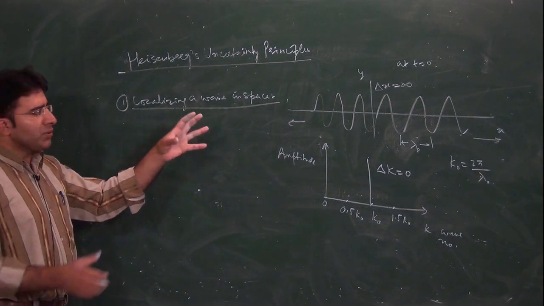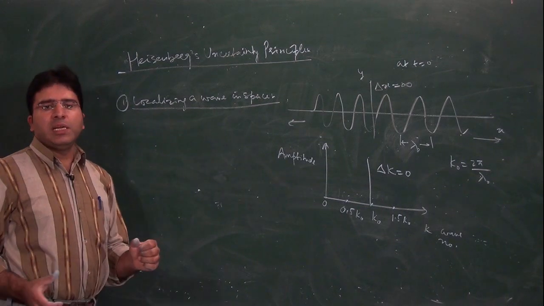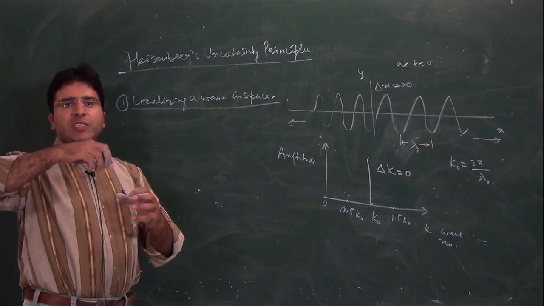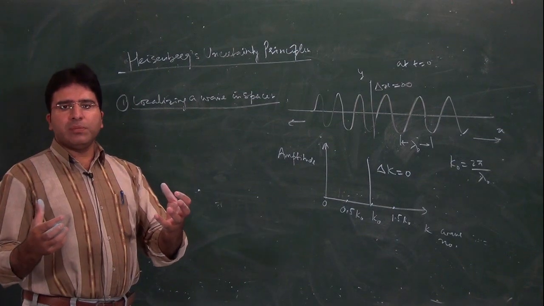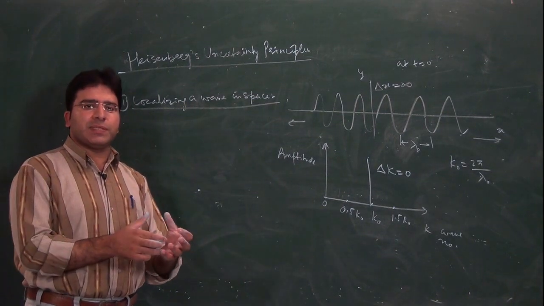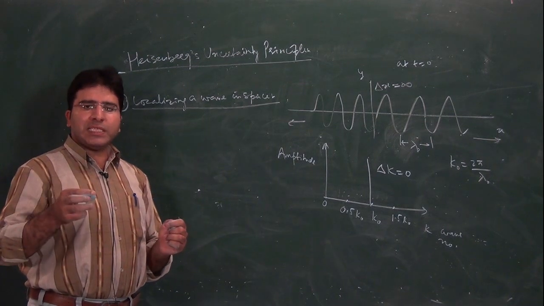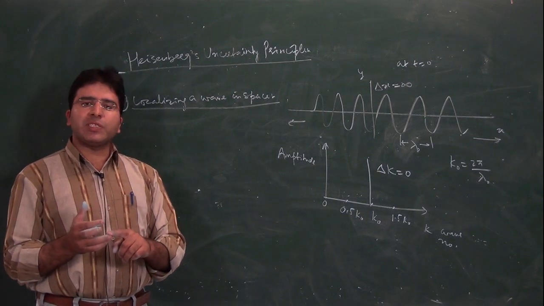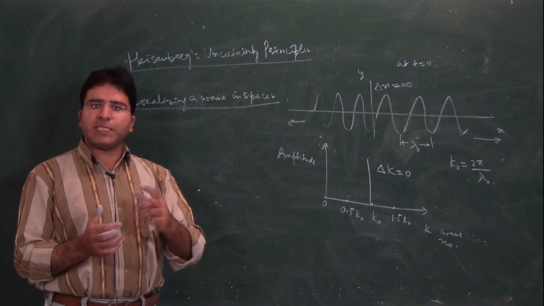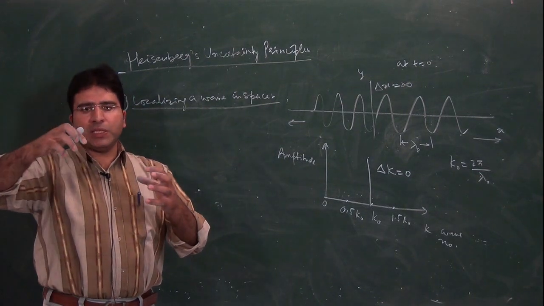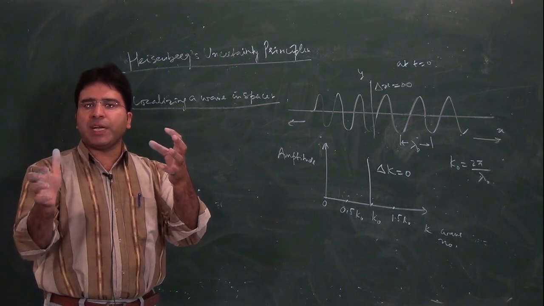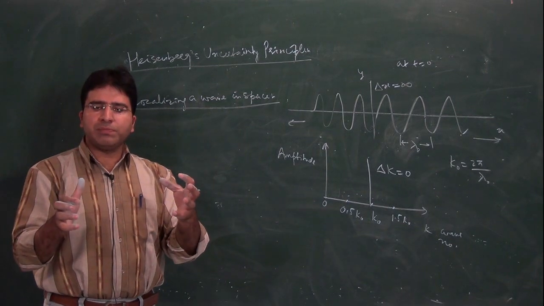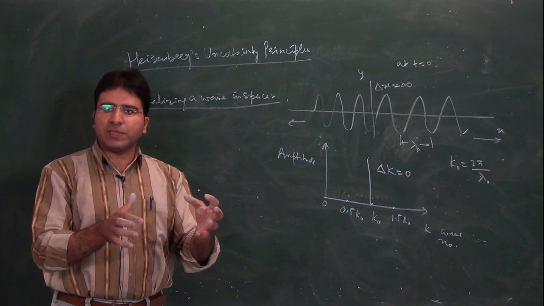What to do, how to make this wave localized? We have an idea in wave motion that we can construct some waveform by mixing many sine waves. And if we make adjustments in the amplitudes, frequencies, and phases of the mixing waves, we can adjust the resulting waveform which we get. So it is possible to construct a desired waveform by mixing many sine waves.